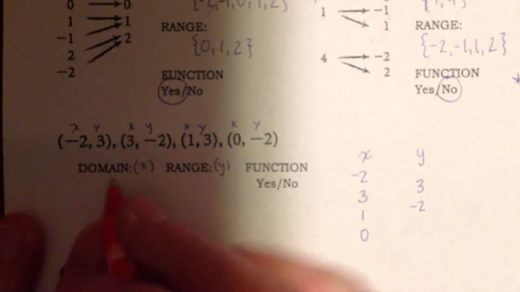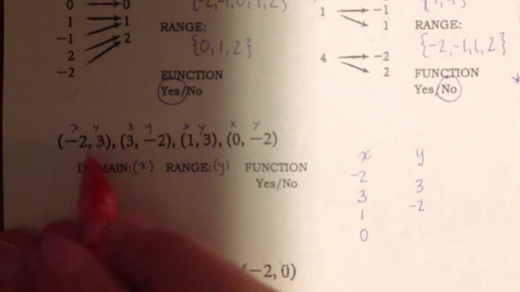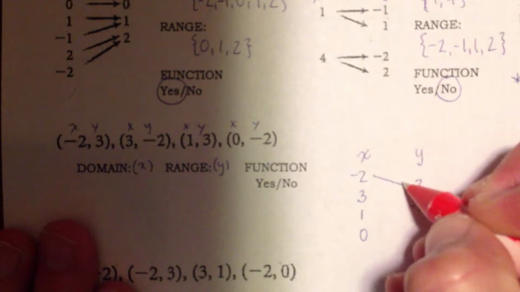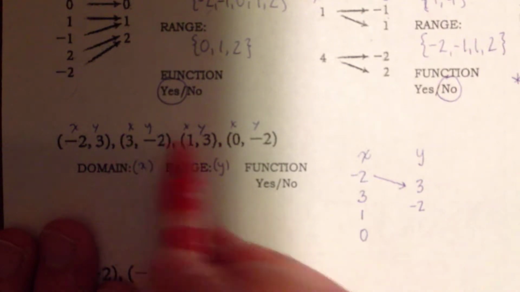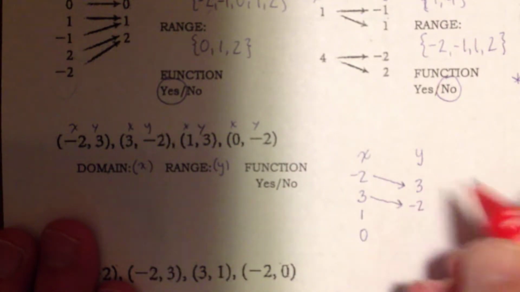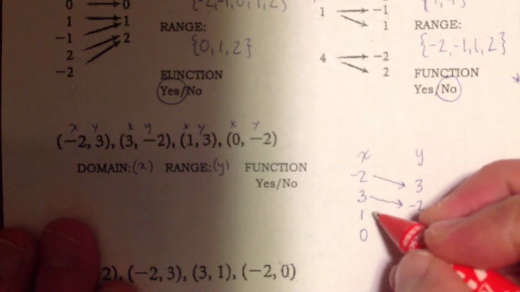So let's match those up. -2, if I would draw an arrow, it matches with 3. 3 matches with -2. 1 matches with 3. And 0 matches with -2.